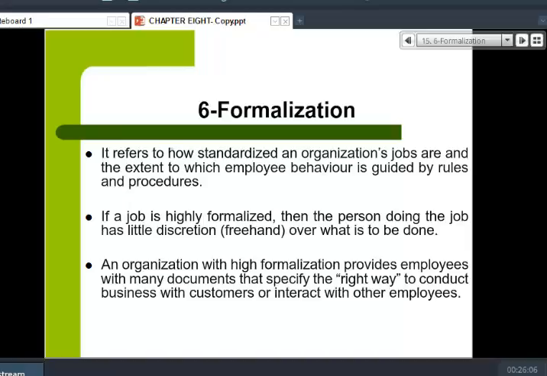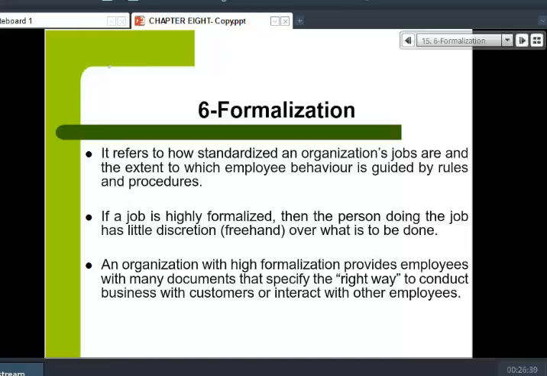Formalization refers to how standardized an organization's jobs are and the extent to which employee behavior is guided by rules and procedures. So formalization means having formal rules and regulations in the company, and how the company follows the rules, whether related to the internal or external environment.